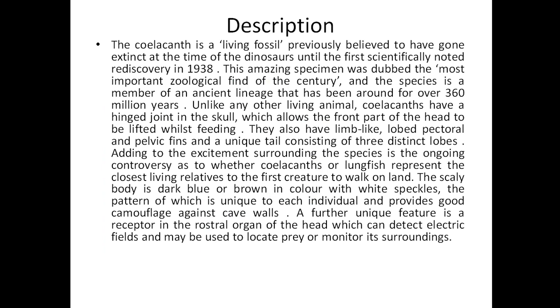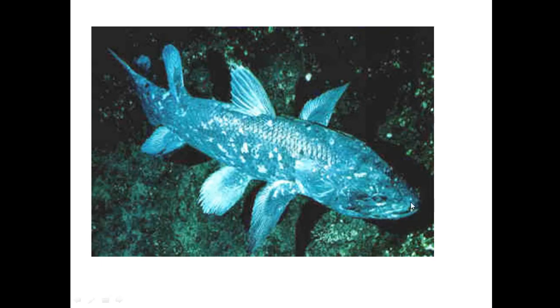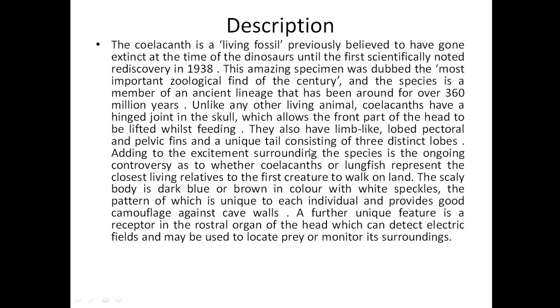As a result of that, the front part of the head can be lifted like this. Only the front part can be lifted like this. They also have limb-like lobed pectoral and pelvic fins, and a unique tail consisting of 3 lobes.